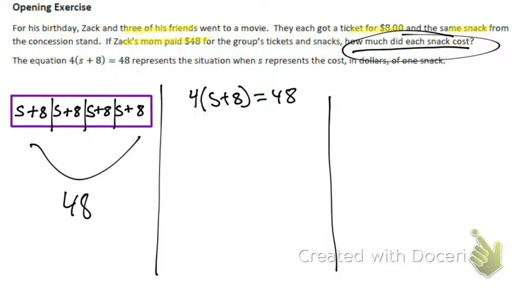Remember, when you have a number in front of parentheses, that means it's multiplying. It's like you have S plus 8, 4 times. That's what the 4 in front means. That's how many times you have whatever is inside the parentheses. You have S plus 8, 4 times, 4 boxes. I know I'm repeating it a lot, but I want to make sure you understand. And the total equals 48, so that's why it equals 48. And I'm going to write the equation again to the right.